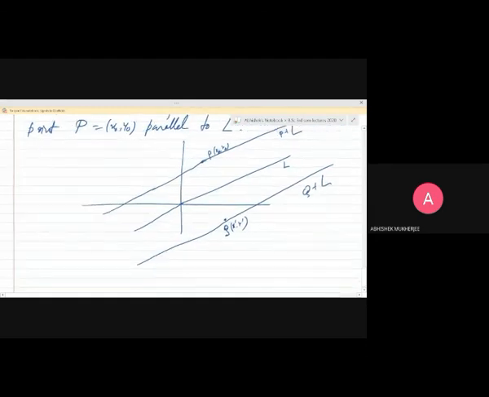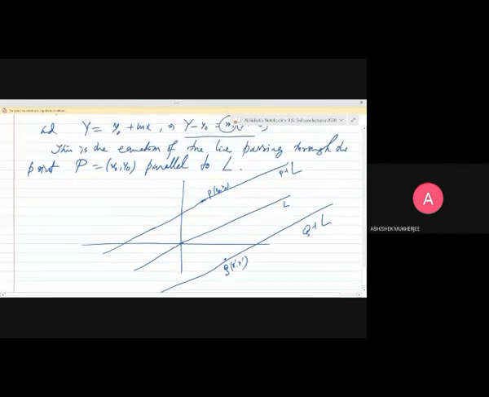These are all the lines passing through points which are parallel to L. Okay.